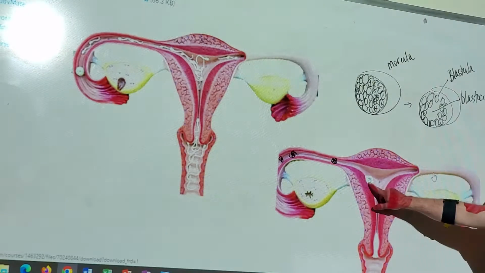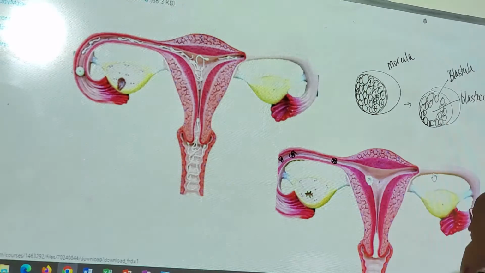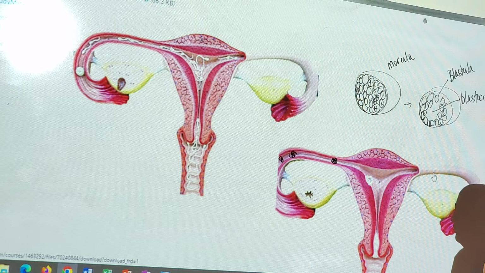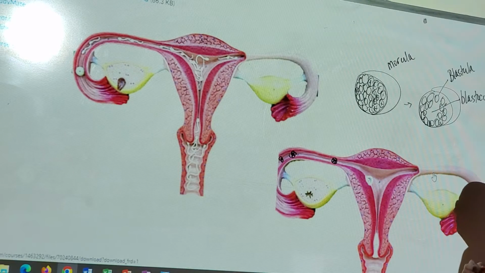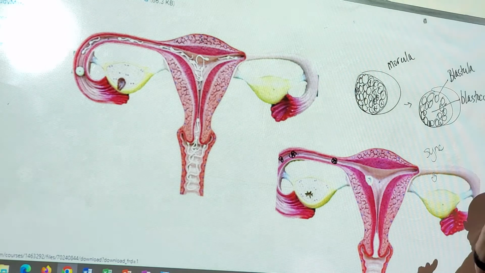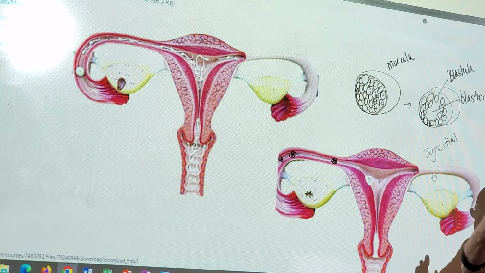It is attached, it is implanted, we should say. The embryo is one group of cells, and then we have what's called the cellular trophoblast and the syncytial trophoblast. You're going to see these terms in just a moment. So, when you see this term sync, to sync things up means that they are joined together, and syncytial and syncytium means a fusion.